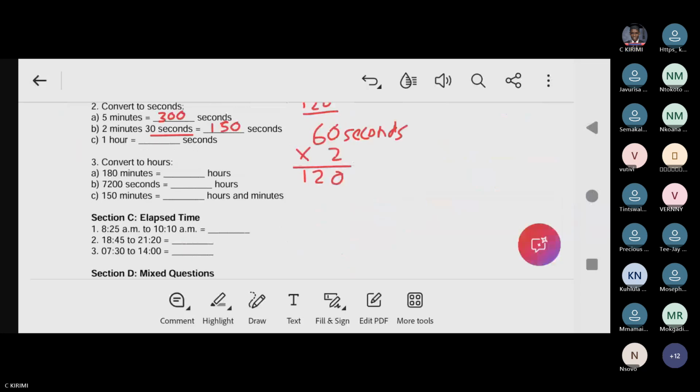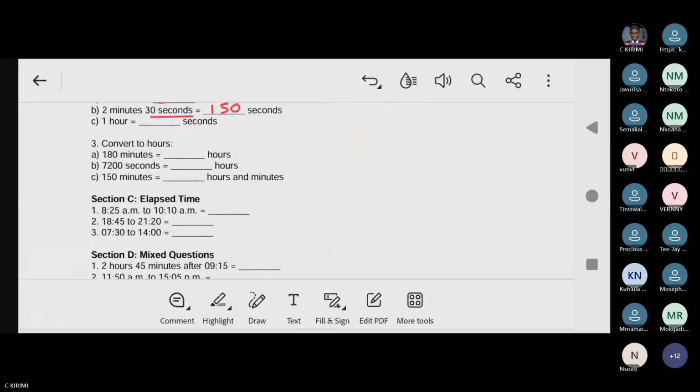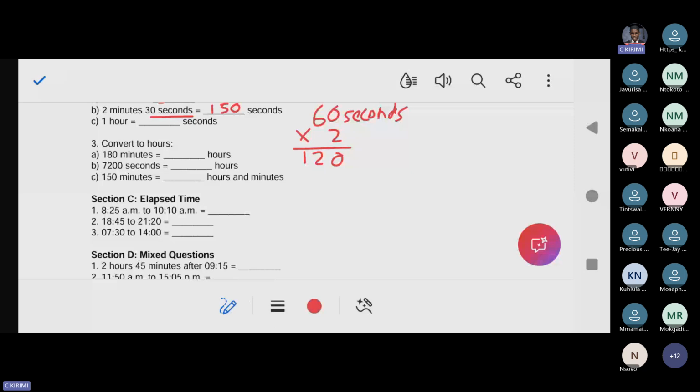And then we are going to the next one, which is convert 1 hour to seconds. So you know 1 hour is equal to 60 minutes, and those 60 minutes you are going to convert to seconds. You are multiplying by 60 because we said 1 minute is 60 seconds. We want to know that 1 hour is how many seconds?